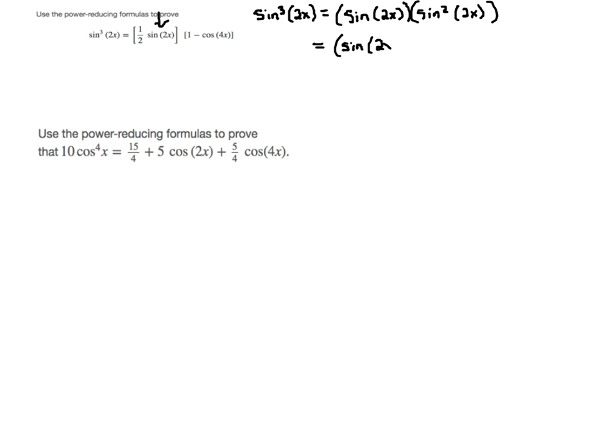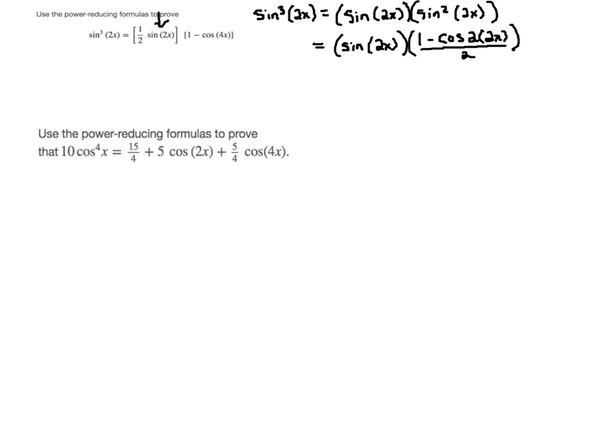So sine 2x times, okay, now I'm going to change sine squared of 2x using my power reduction formula. So this is the same thing as 1 minus the cosine. Remember, you got to double that theta there in the formula. So this is 2 times 2x, just like we did in that last one, and it's divided by 2.